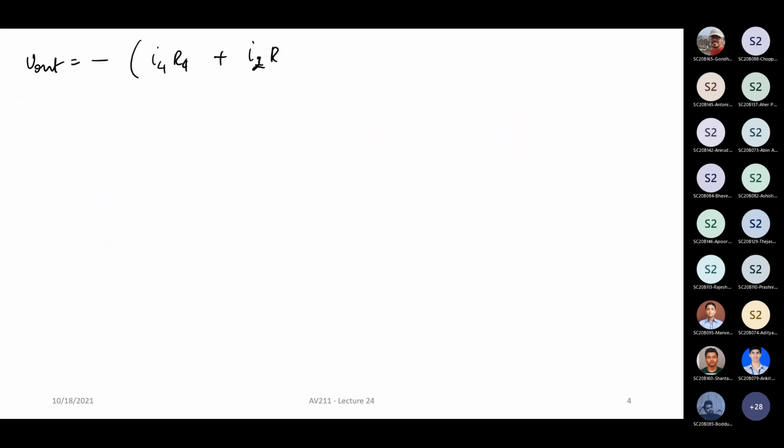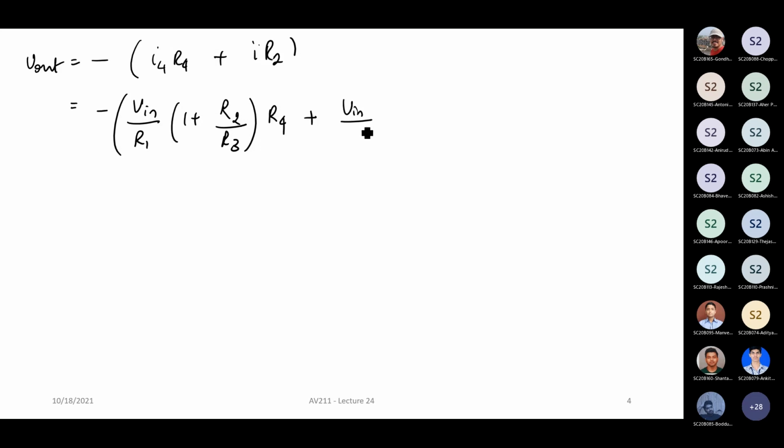So I times R2. What is I4? V in by R1 times 1 plus R2 by R3. R2 by R3 multiplied by R4 plus V in divided by R1 multiplied by R2.